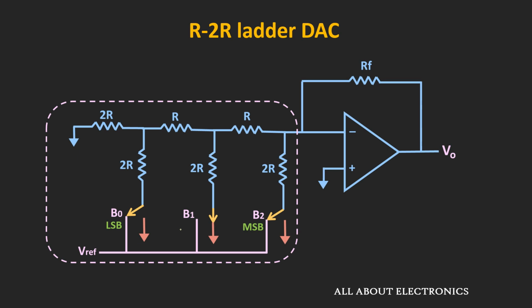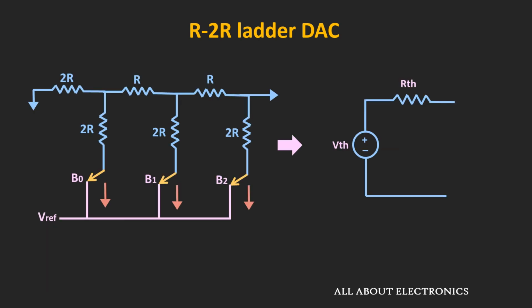Using the switches, it is possible to change the connection between the reference voltage and the ground terminal. So the output of this ladder network will depend on the position of these switches, that means whether these resistors are connected to the reference voltage or to the ground terminal. Further, if you want to amplify the output, then it can be given to an amplifier circuit. So let us understand how we can find the output of this ladder network.